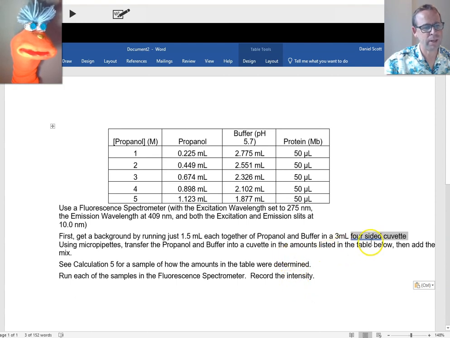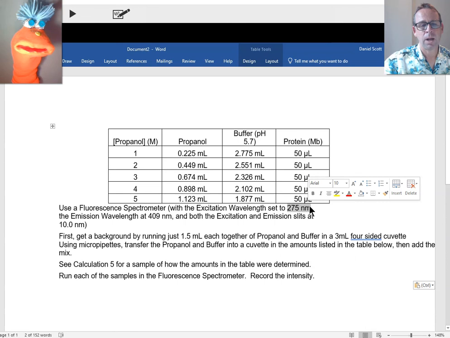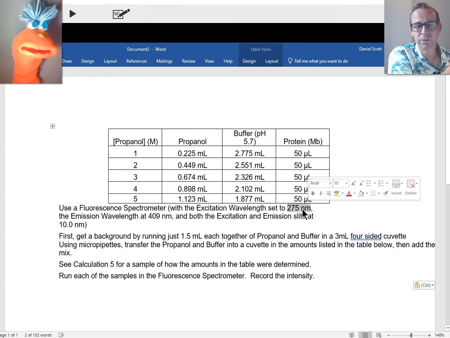Another thing about this cuvette that probably isn't really mentioned here, but well, I guess nowadays things have changed a little bit. But in the olden days, and in some cases, you still have to be aware of this. Glass cuvettes and plastic cuvettes will absorb ultraviolet light. So 275 nanometers is ultraviolet light, and so you used to have to use what's called a quartz cuvette.